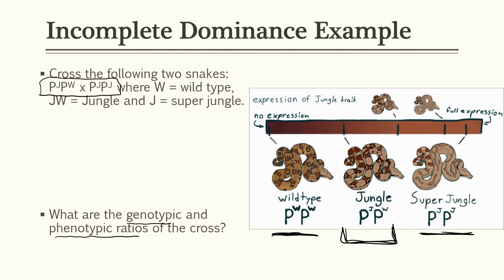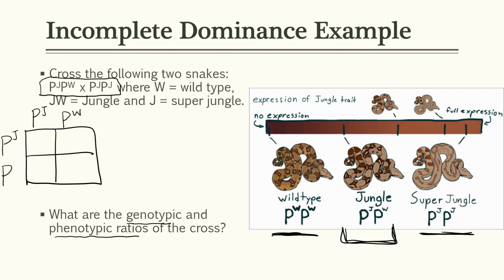So let's go over what you did. In my Punnett square, I'm going to be crossing a heterozygous jungle and a super jungle python. And when I do this Punnett square, this is what I get as a result.